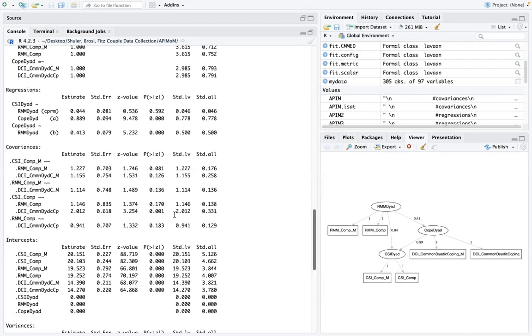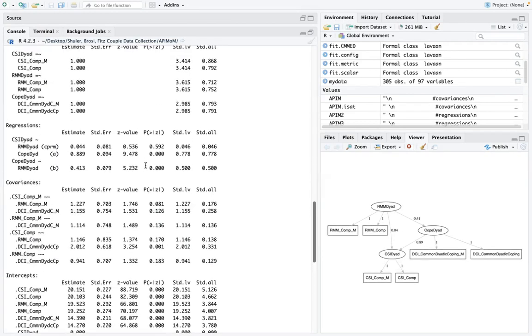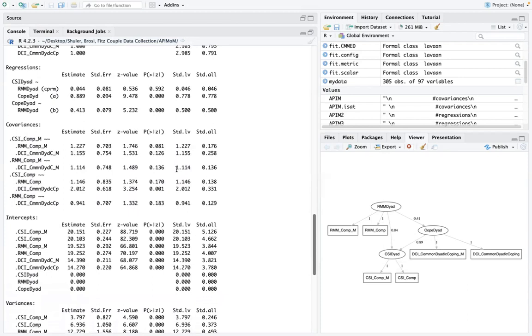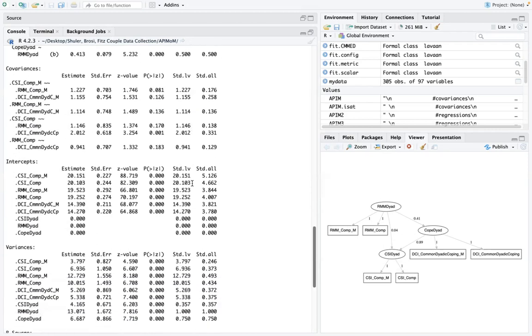So that means we are at significant risk of overestimating our alpha and beta pathways. So just a word of caution against removing these non-significant effects, despite our model probably not fitting any worse.